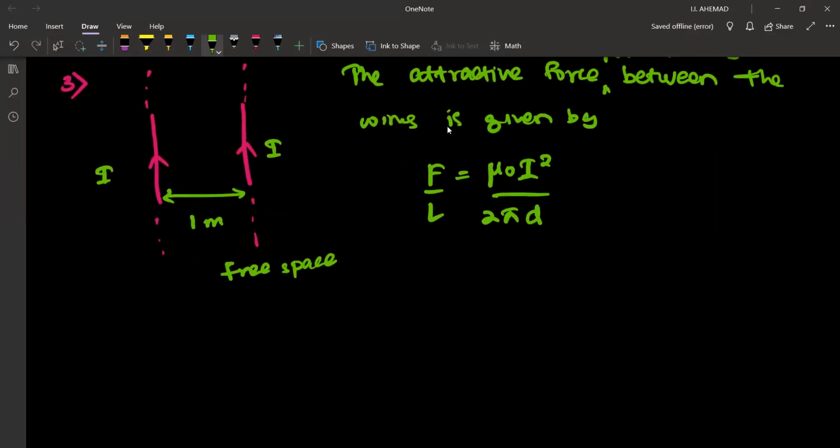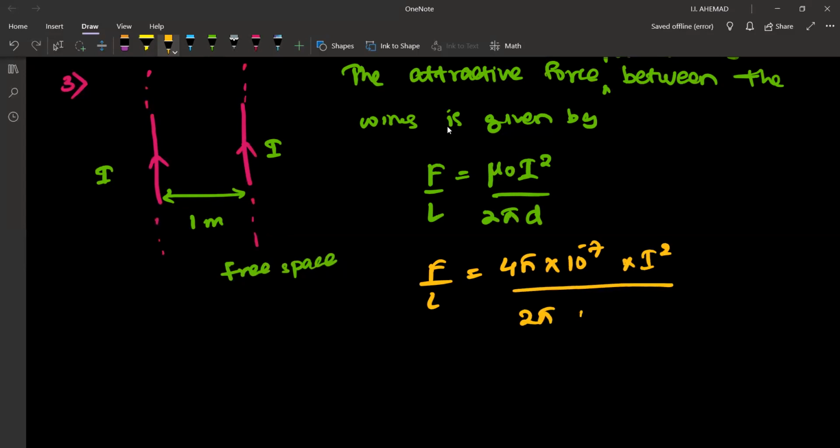As it is mentioned, it's free space, so I can substitute mu naught here instead of mu. So F over L is equal to 4 pi into 10 to the minus 7 I square over 2 pi into, the separation is 1 meter.